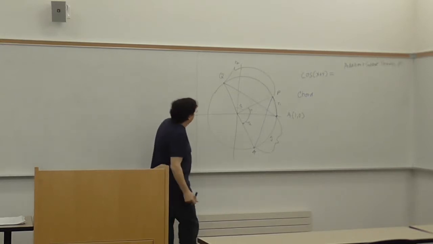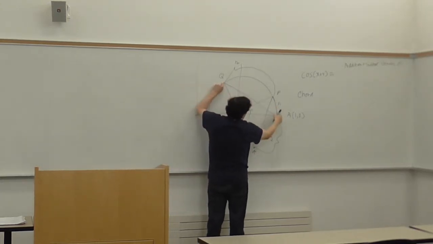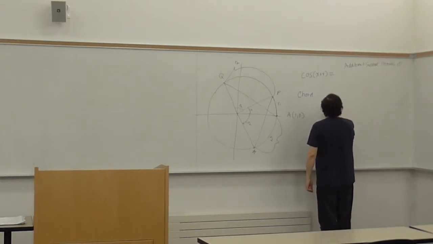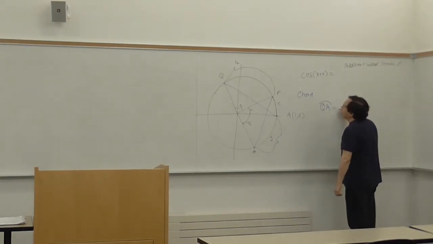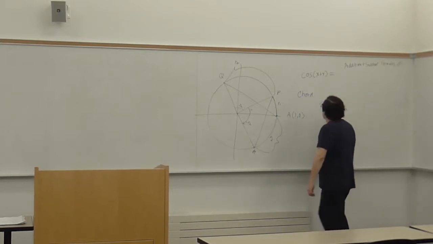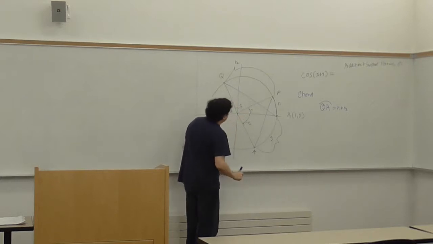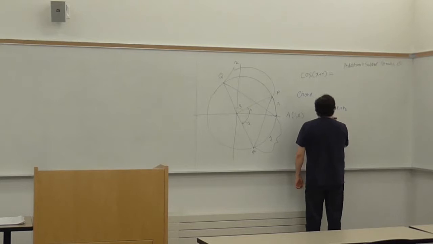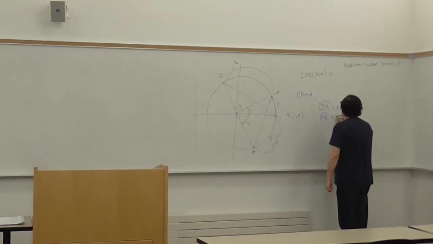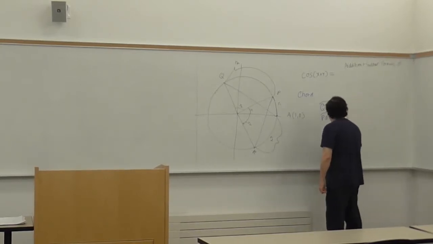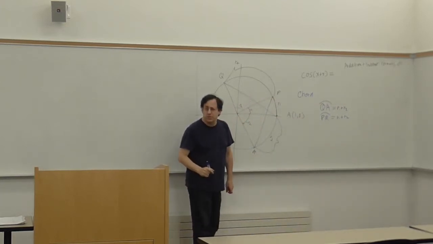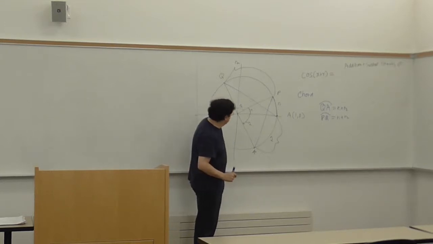All right. So the arc QA has, not length, but measure R1 plus R2. And the arc PR also has measure R1 plus R2 for, I think, obvious reasons, the way it's been constructed.